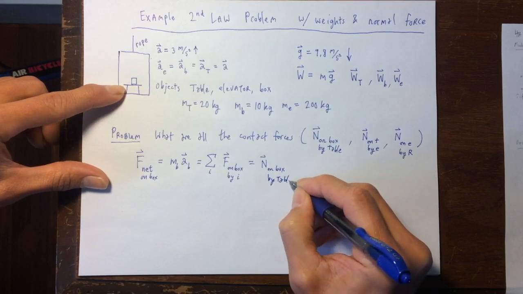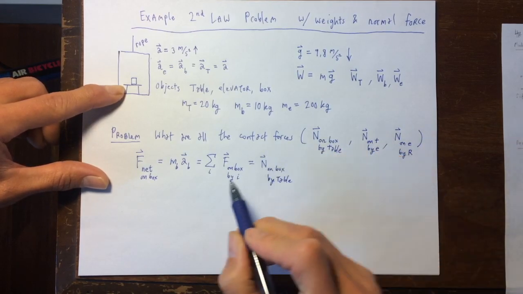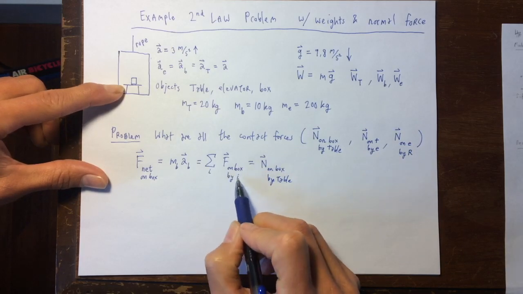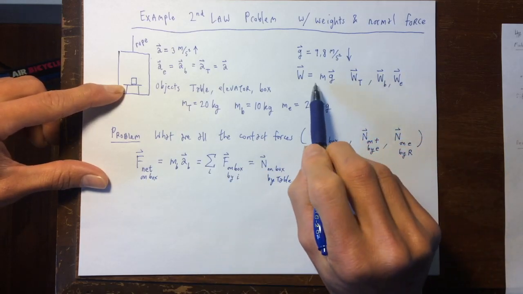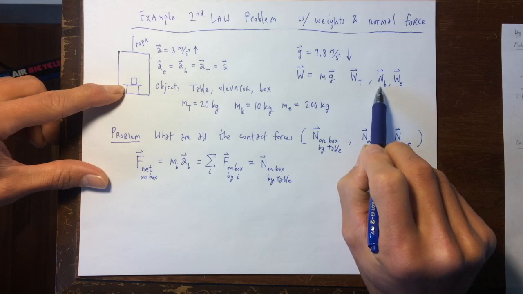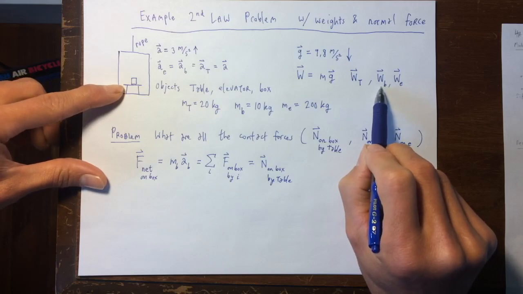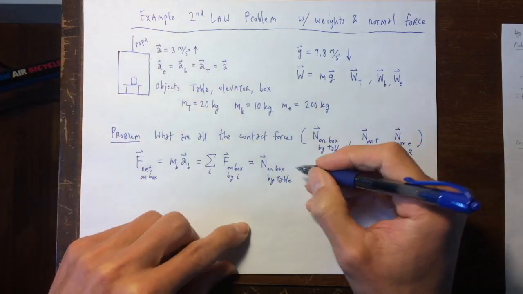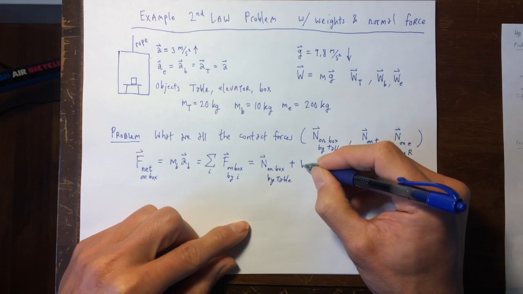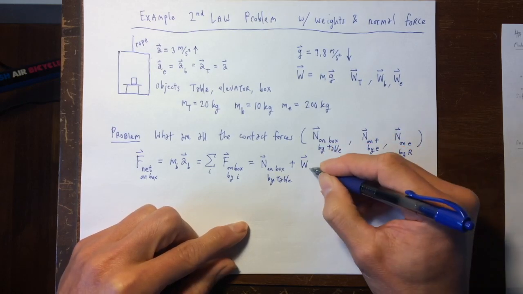So I've got that listed, but that's not the only force acting on the box. The box also has a weight. This is a force acting upon the box, and it's due to a gravitational interaction with the Earth. So there is another force on the box. It looks like this.